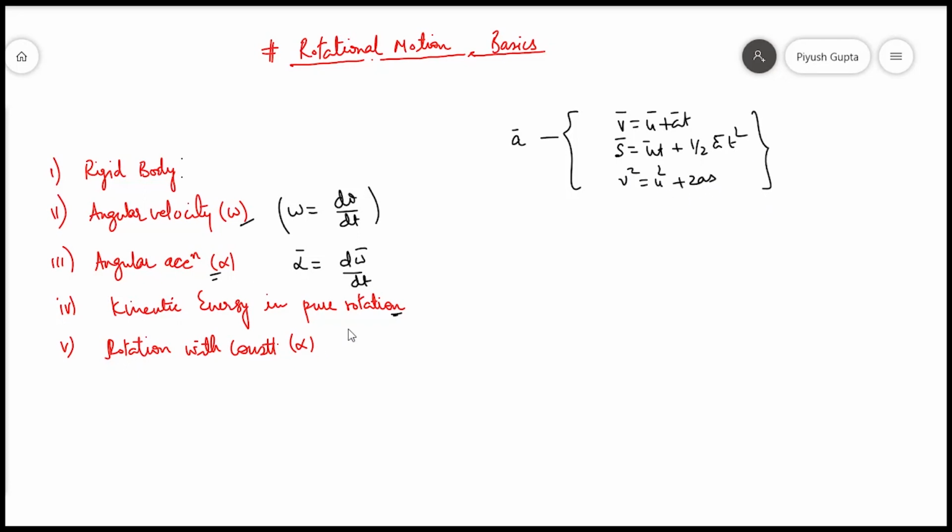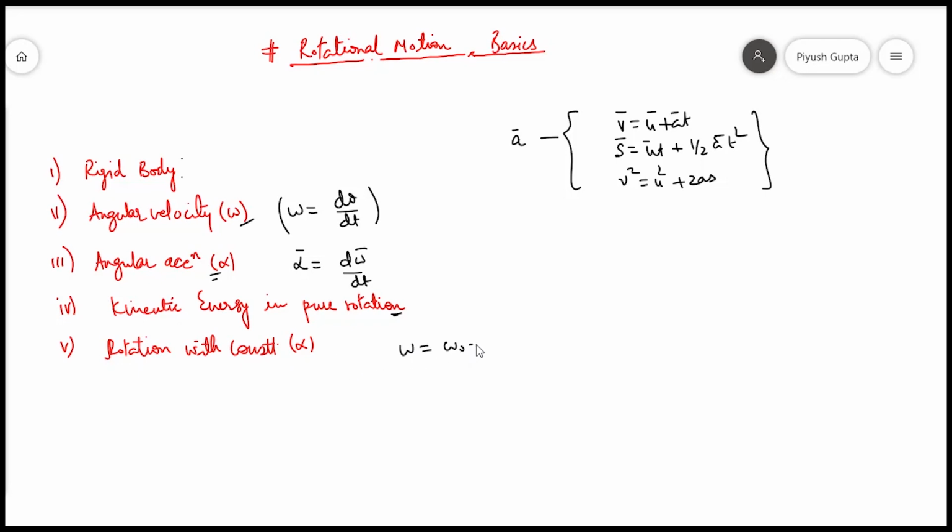Similarly, omega is d theta by dt and alpha is d omega by dt, and if alpha is constant I can use the exact same integral derivation from kinematics and get those equations in the rotational sense.